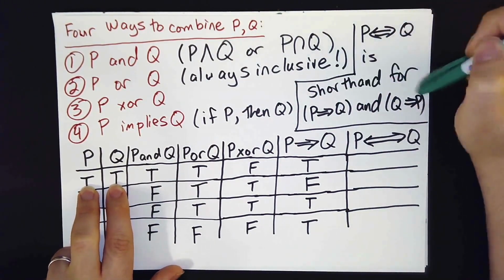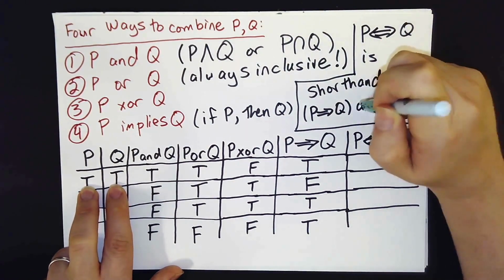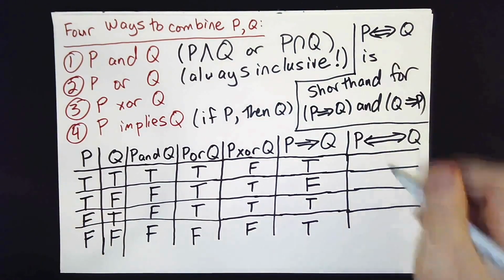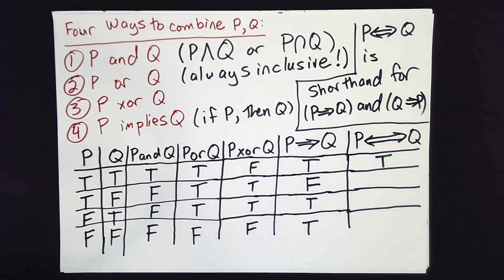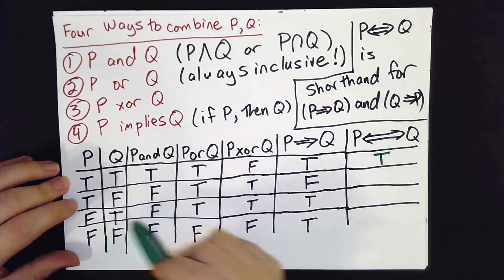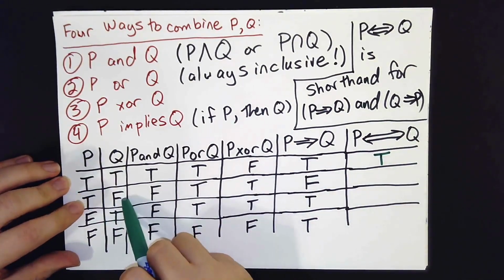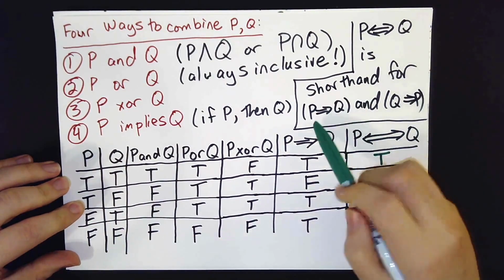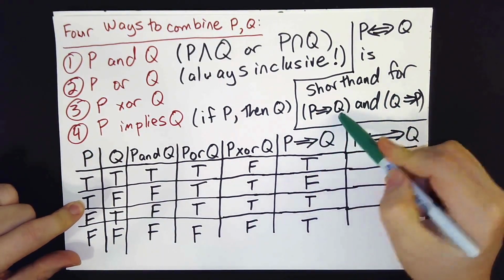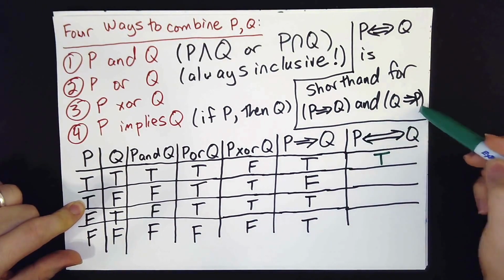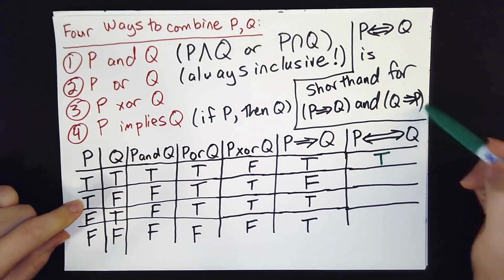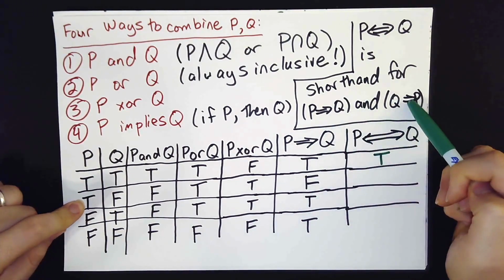True implies true is true. True and true is true. So this is true. What if P is true and Q is false? Well, then P implies Q is false. Q implies P is true. But false and true is false.